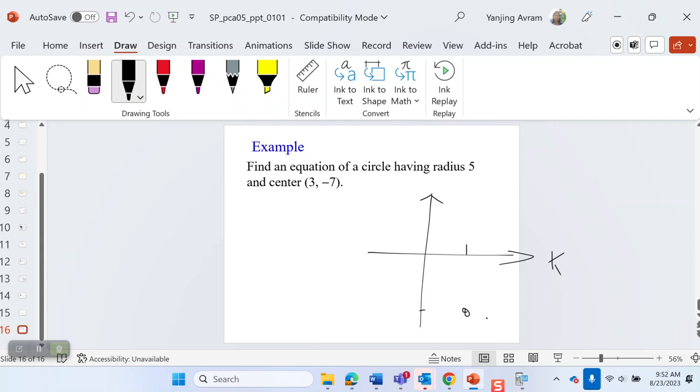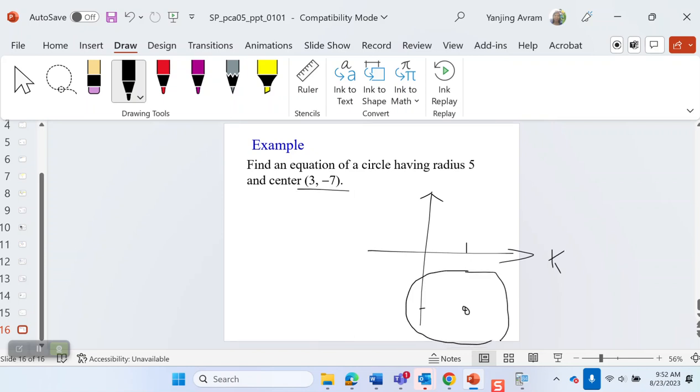That's your center, and with a radius of 5 it probably looks something like that. Not quite a circle, but you get the idea. The radius is 5 and the center is (3, -7).